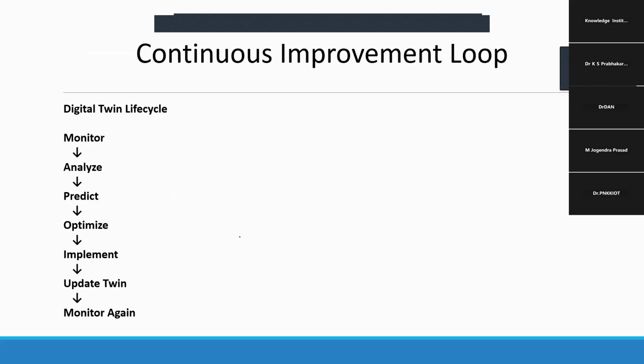Again, to summarize the digital twin development workflow: it begins with defining the objective and understanding the physical system. Next, we have to develop the virtual model. Then the virtual model is combined with simulation, AI, and analytics.